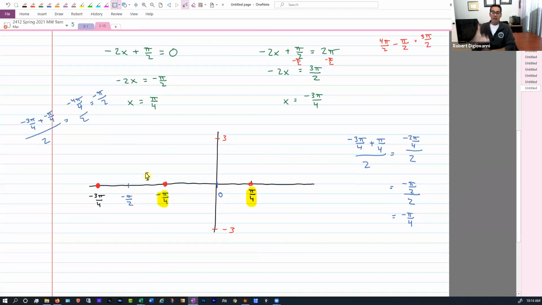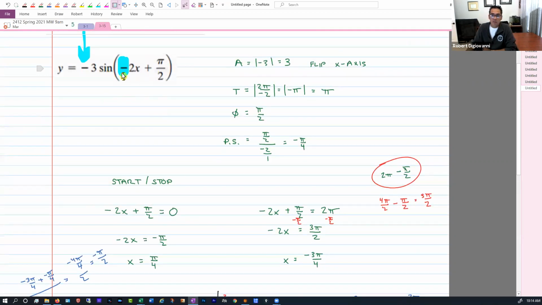So we haven't had this yet. So here's my advice to you. Here's how I would do this. If I were you, all I would do is just try and figure out what's happening at 0. That means let's take 0 and plug it into the function. What happens if I plug 0 in here? So we go -2 times 0, which would be 0.